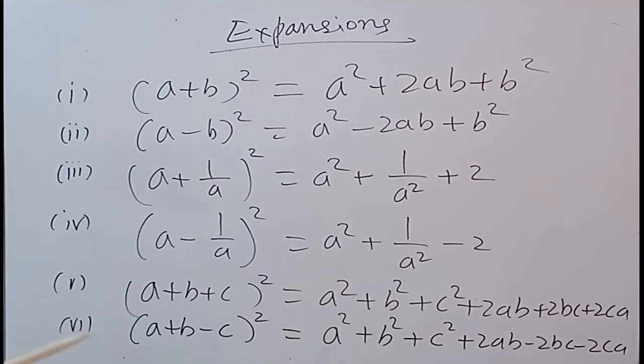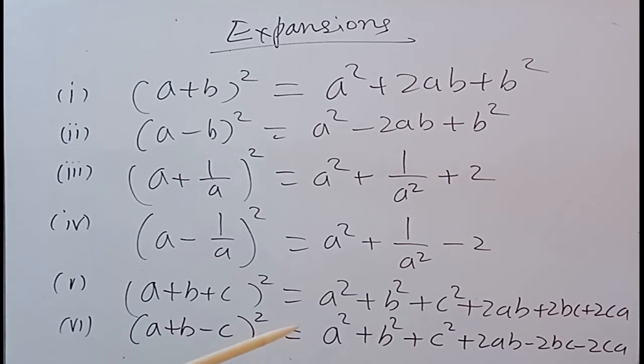Whenever there is a negative sign on a variable, we put the negative sign with that variable, but it will not be in the square form. We use the same fifth formula: a square plus b square plus c square. But remember that wherever we have c with a negative sign, we write the negative sign. So the formula for (a plus b minus c) whole square will give a square plus b square plus c square.